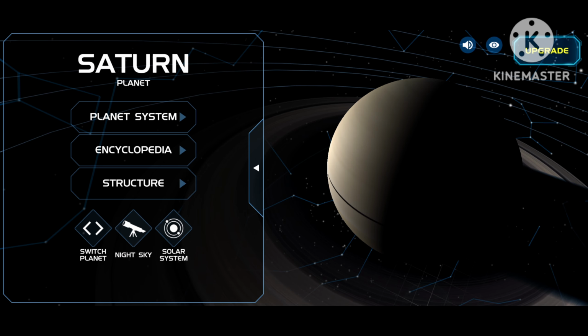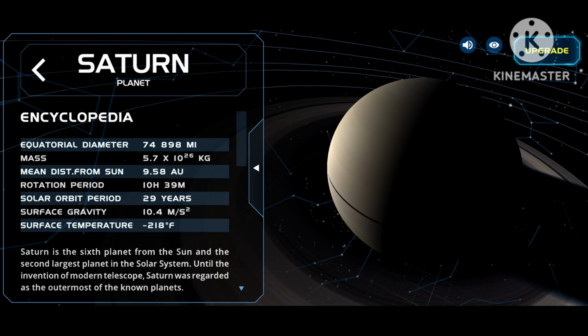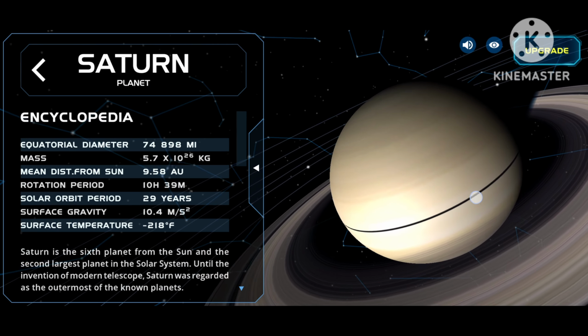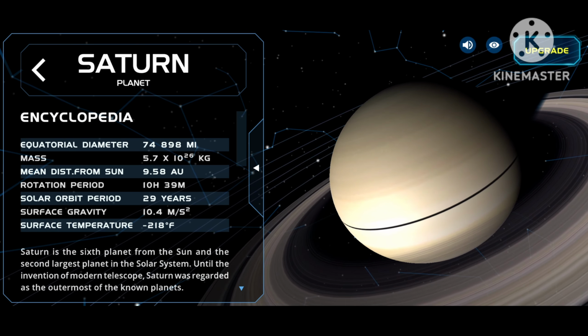If we talk about the other things related to it, here you can see the mass. Equatorial diameter is around 74,898. Then the mass is 5.7 into 10 to the power 26 kilogram. Mean distance from Sun is 9.58 astronomical units.